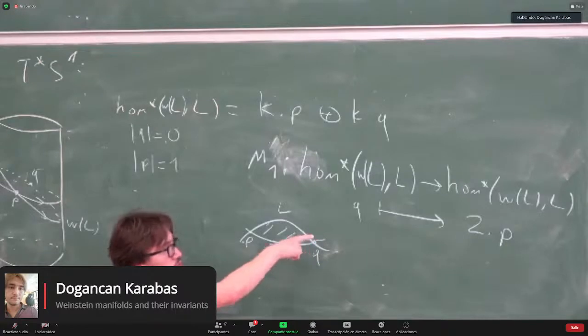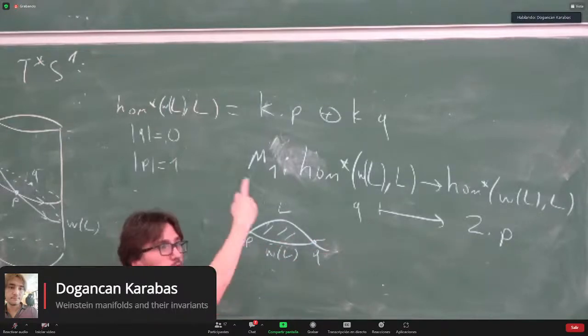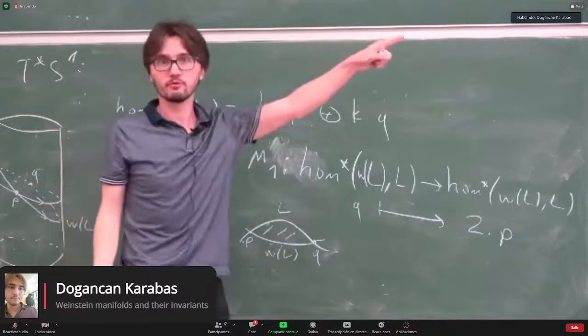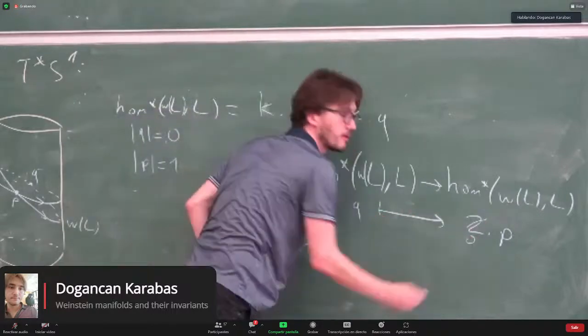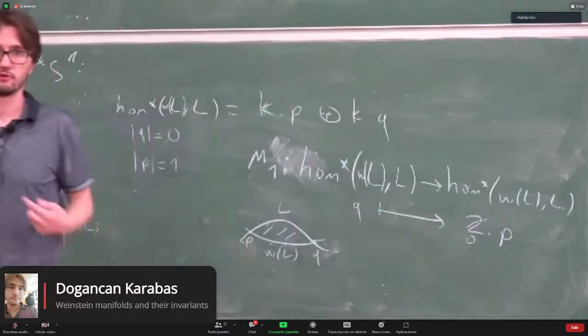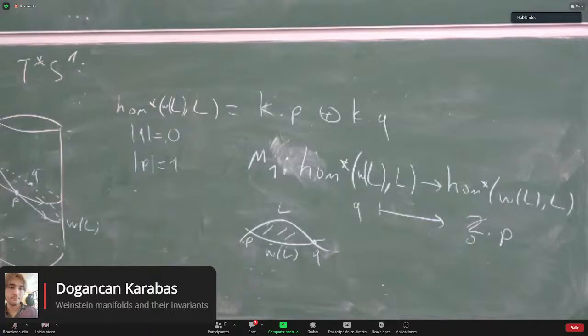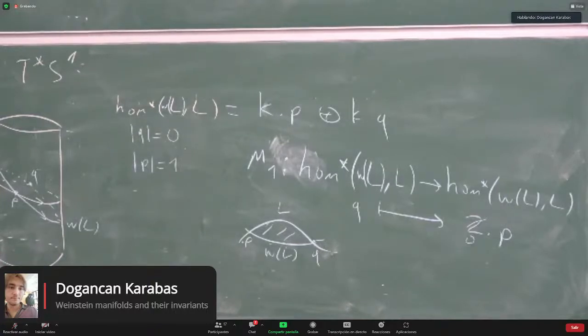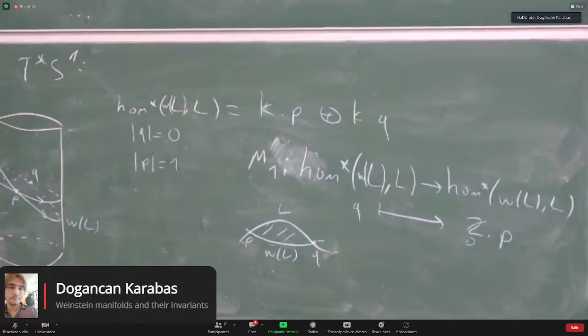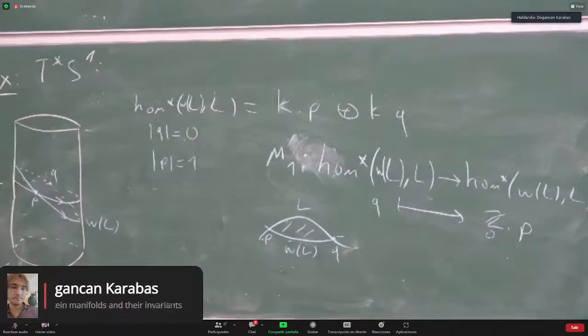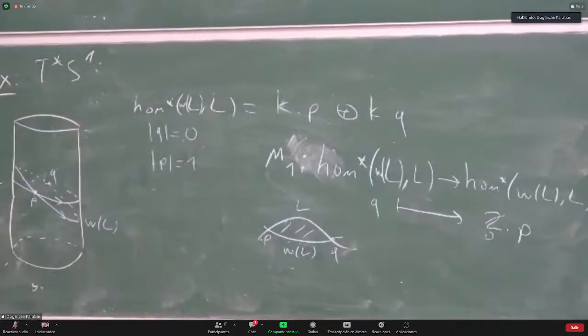Therefore, Q goes to 2 times P. But we are working with characteristic 2. Therefore, this is 0. Okay? So this is the mu1 structure. I mean, if you didn't work with Z2 grading, actually, we do count holomorphic disks with sign. So actually, it will be +1, -1. It will be again 0.